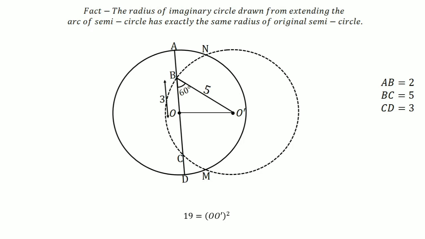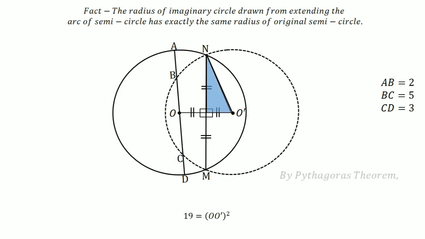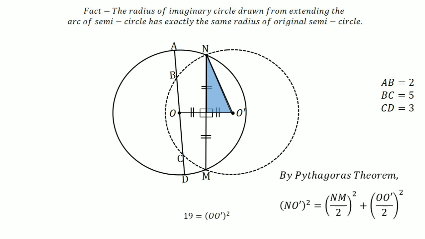Now finally joining the common chord, we know that it is perpendicular and these lines are equal from our result, and now joining the radius and using the Pythagorean theorem in this triangle. So by the Pythagorean theorem, O'N square is equal to (NM by 2) square plus (OO' by 2) whole square.